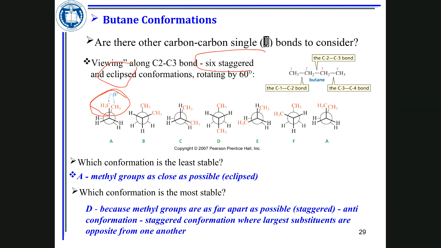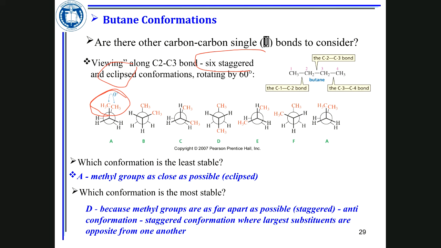This would be 1, that is the totally eclipse. Why do we call it totally eclipse? That would be the highest energy, where the two metal groups are facing each other. And you have this staggered. So this staggered is going to be not covering each other, but the two metal groups are not as far as possible from each other.